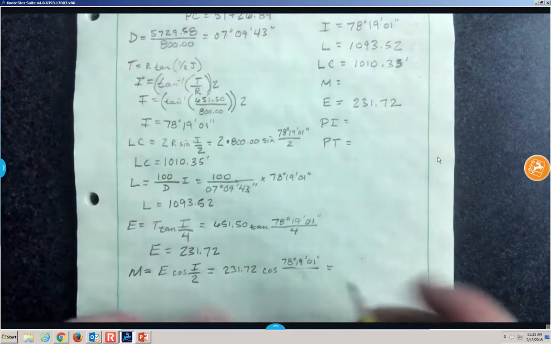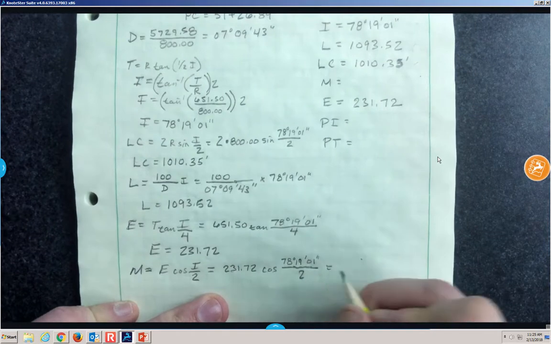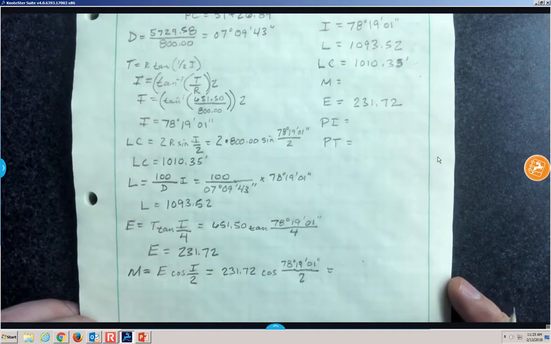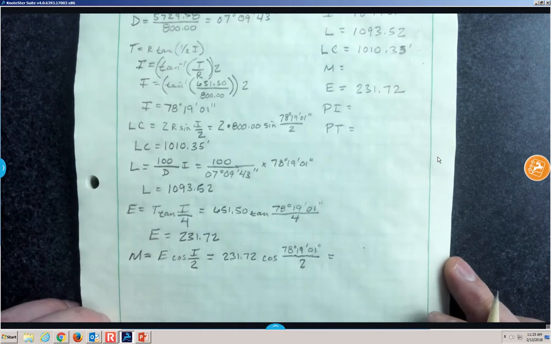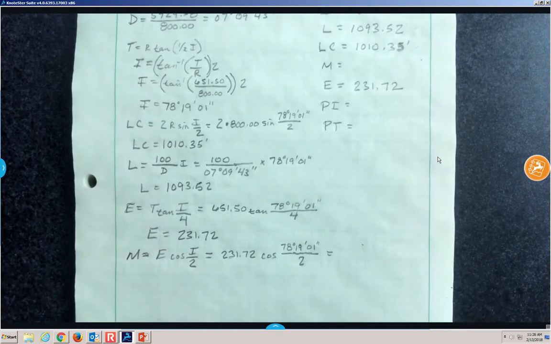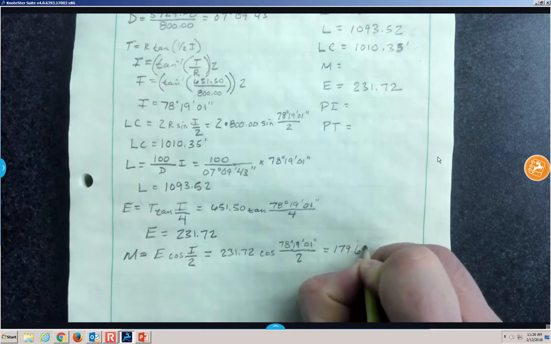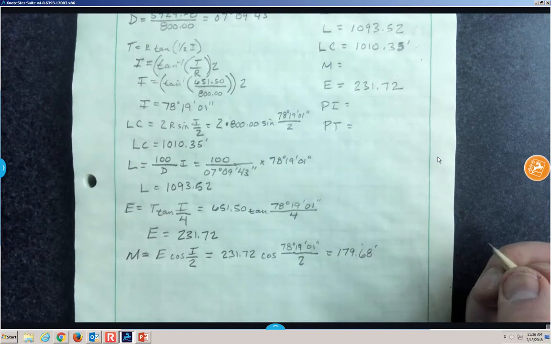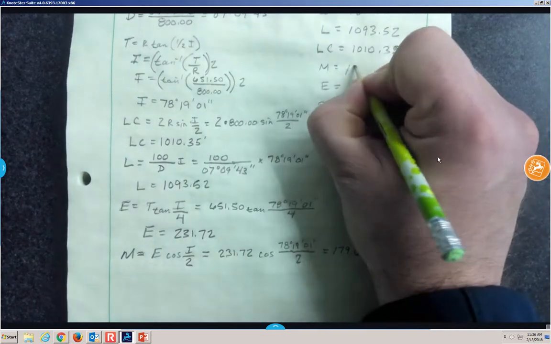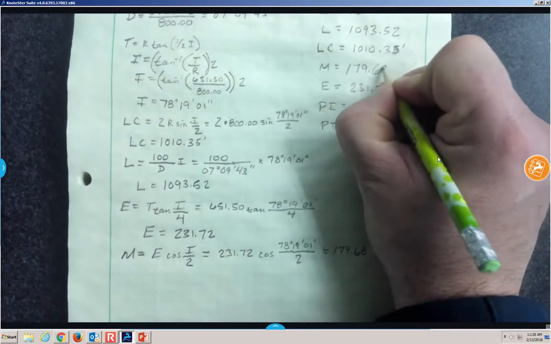Sorry, that's supposed to be 2. I'm still solving for E. 179.68 feet.